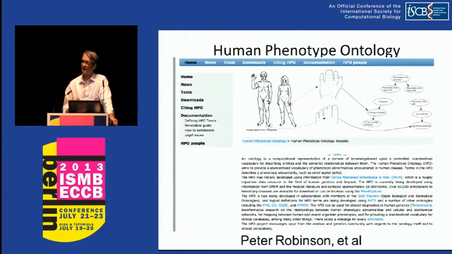I'm going to switch now from talking about the disease ontology to talking about the human phenotype ontology. So this is, again, something that Peter Robinson here at Charité founded and has been the major motivating force for. And it's based on taking phenotype descriptions out of OMIM.